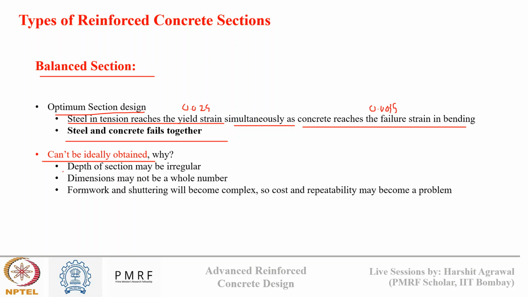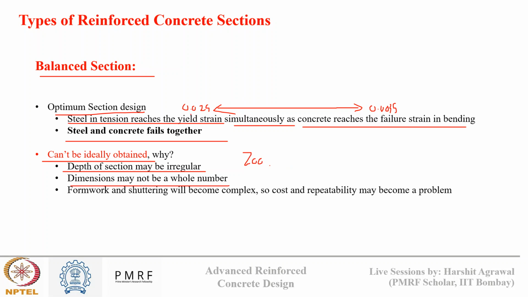Why? Because my depth of section may be irregular. When I talk about a real reinforced concrete structure, dimensions may not be a whole number, and it is difficult to always get this value. Generally we see sections like 200 cross 200 mm, 250 cross 250 mm, 200 cross 300 mm.